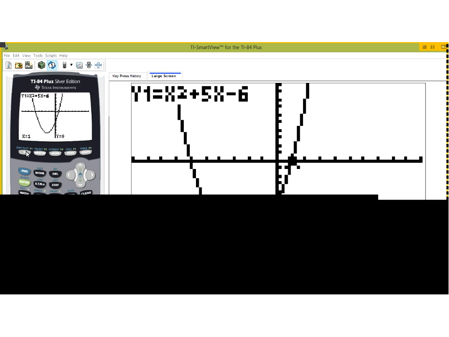So I get my graphing calculator out. I pull up my graph, clear what I had. So minus x squared minus 6x plus 6.